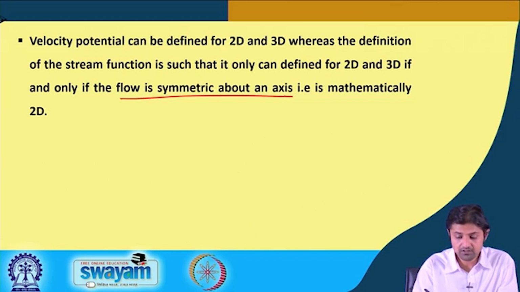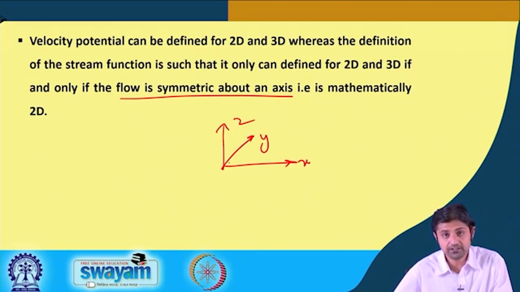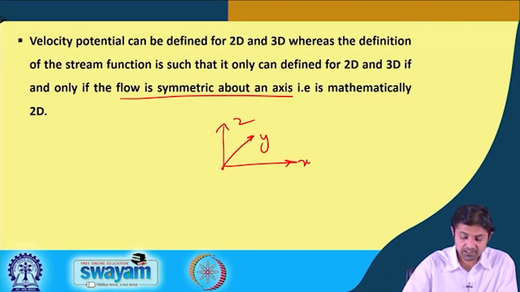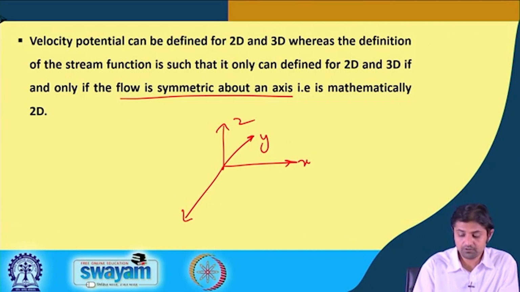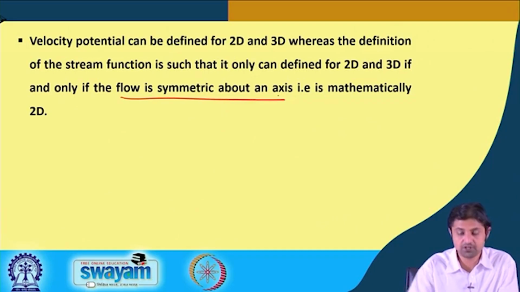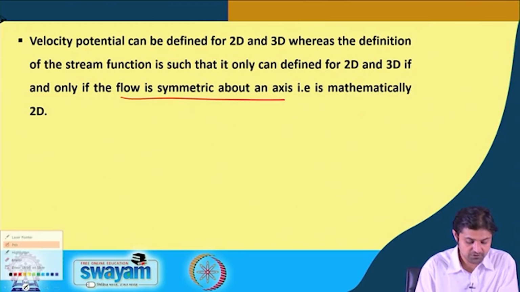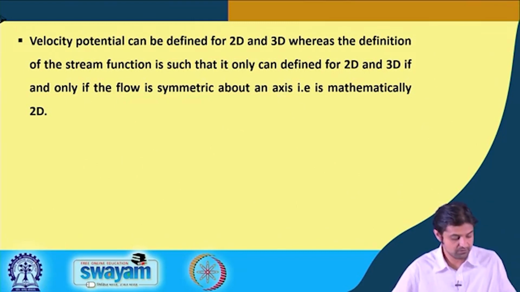Let's say there is a flow in the x and y plane. This is x, this is y, and this is z. Say this is so large that the variation in the z direction is not there. So actually the flow is symmetric. Therefore mathematically it will again be called 2D because the flow is symmetric about an axis, and therefore we can still write the stream function for such types of flows.